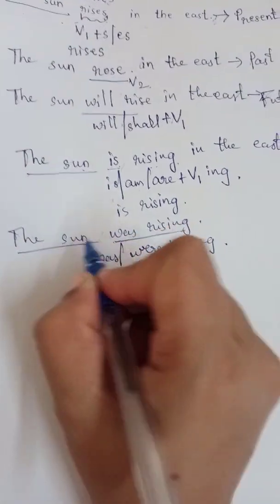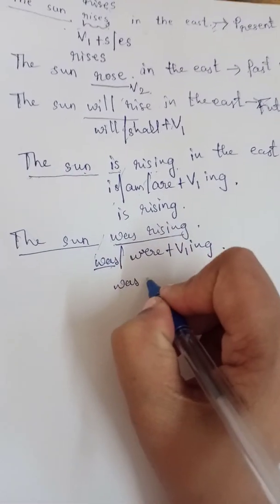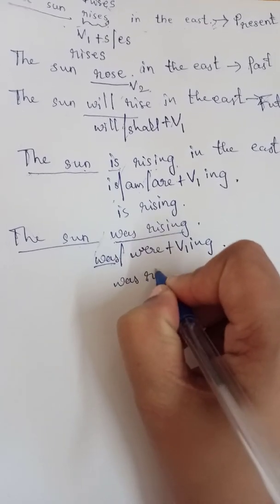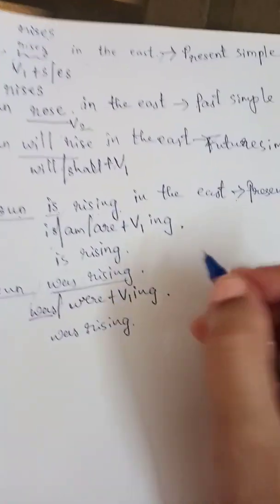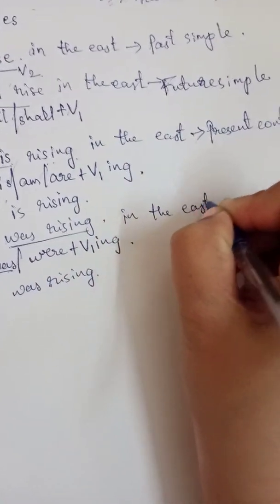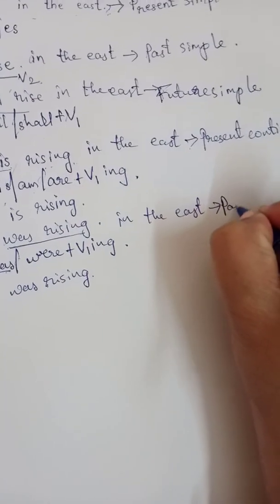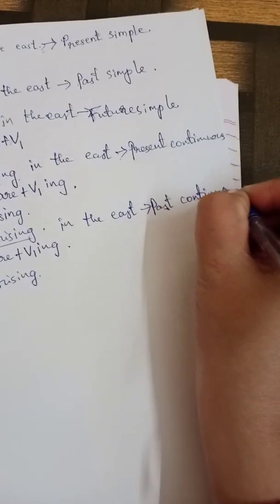So the subject is singular, so you have used was and V1 ing. Rise is changed to rising. The sun was rising in the east. That is, it is in the past continuous form.